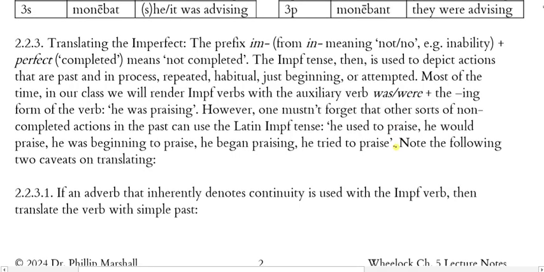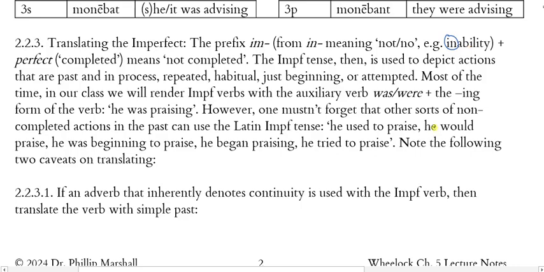How are we going to translate the imperfect? The word imperfect itself can give us a clue. The prefix im is actually from the prefix in, meaning no or not, as in the word inability. The form of in changes to different forms based on what we're attaching the in to.